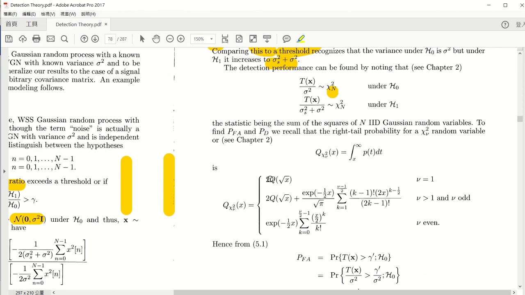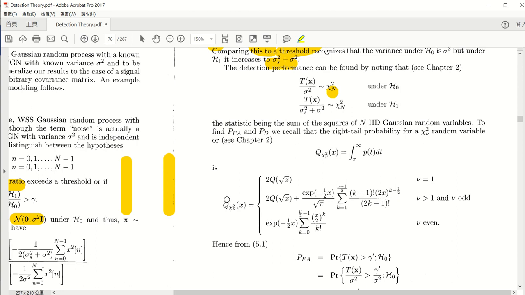We are more familiar with the Q function actually. If you look at Python, MATLAB, or whatever mathematical tool you have, most likely it has a built-in Q function. So you can, for example, type Q of 1, Q of 2, and it gives you the value. But Q sub chi-square is not that common. This is more like a special case.